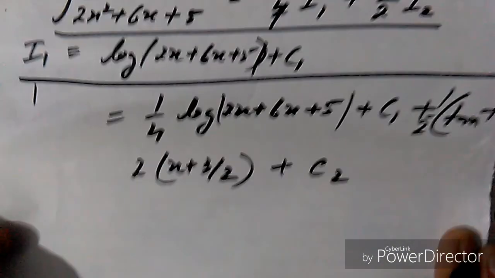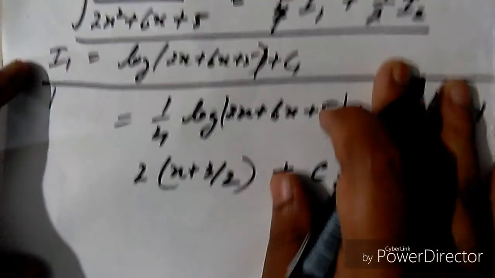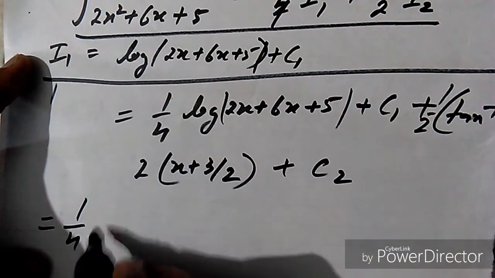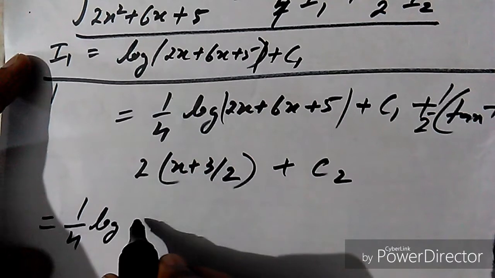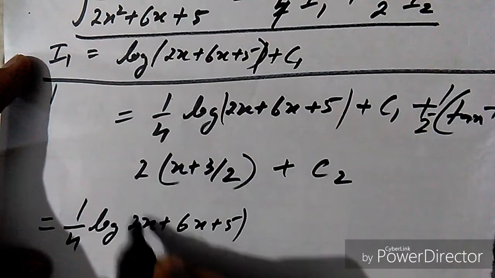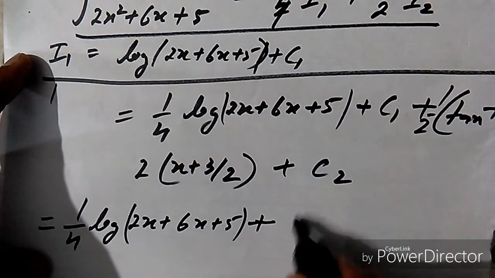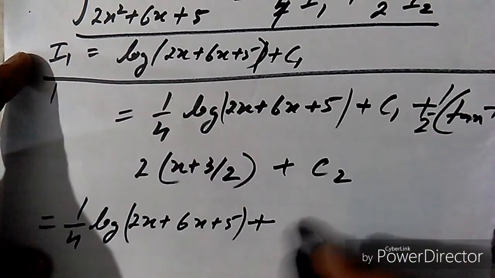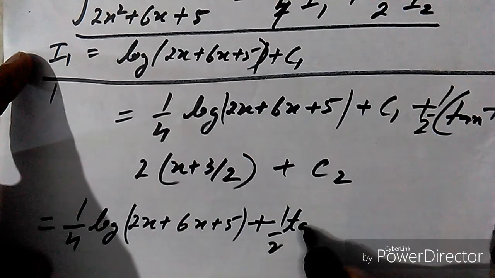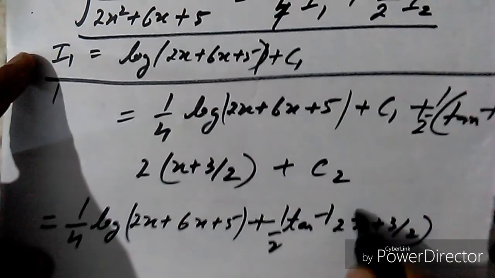Now we take c1 and c2 to another side, like that, that is 1 by 4 log of (2x square plus 6x plus 5) plus that 1 by 2 is multiplied, that is 1 by 2 tangent inverse 2 times (x plus 3 by 2).